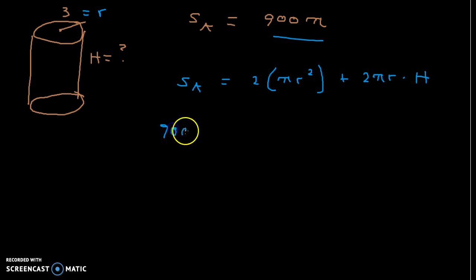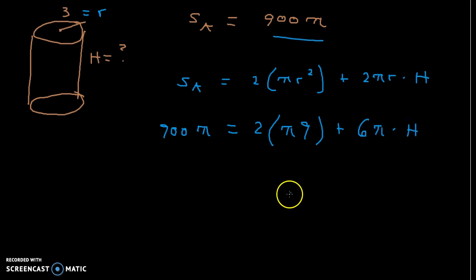So that tells me 900 pi is equal to 2 times pi times r squared. Well, 3 squared, that's 9, right? Plus 2 times pi times r, which again is 3, so that'd be 2 pi times 3, that's going to be 6 pi times the height.